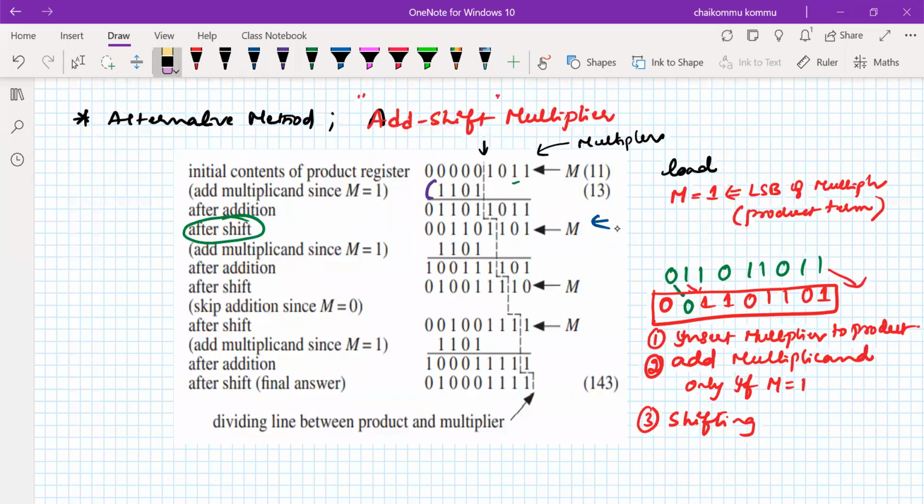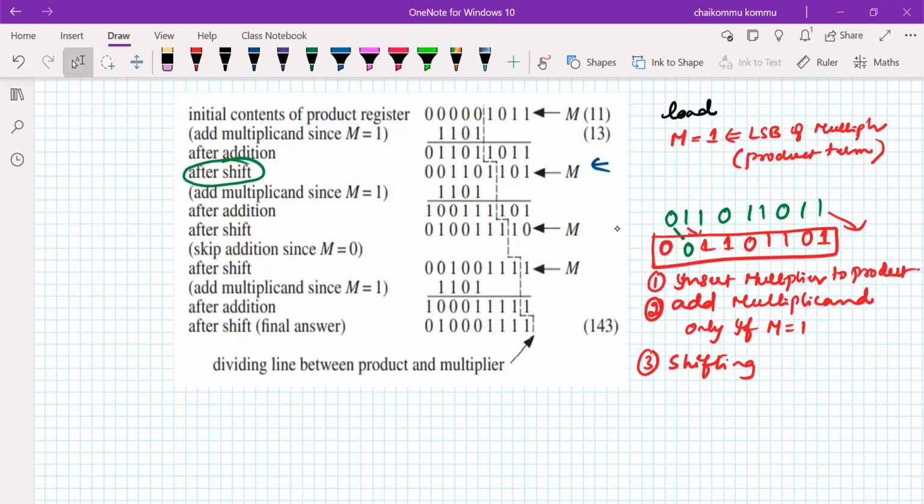So the total multiplication operation based on add-shift is something like this. Let me summarize again. First we have to load, and we have to add the multiplicand based on the M value, which I have done here. Immediately after the addition, shifting has to be performed. Once the addition is completed and the shifting is completed, again depending upon the value, I need to add or shift.